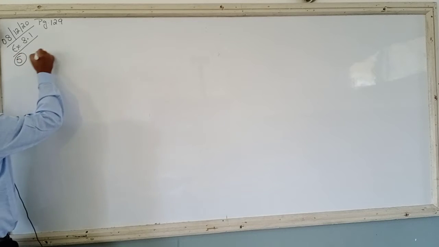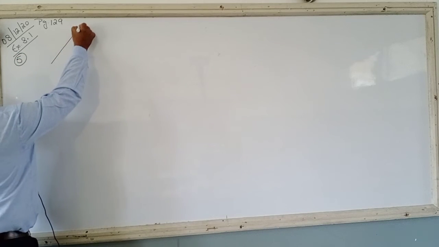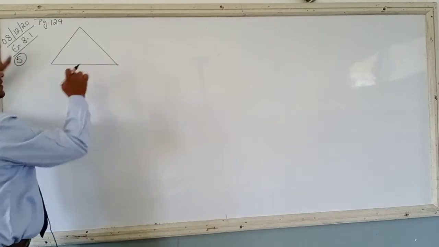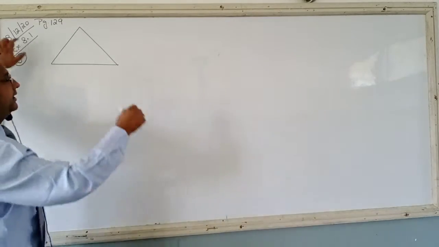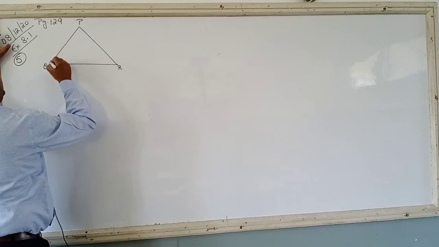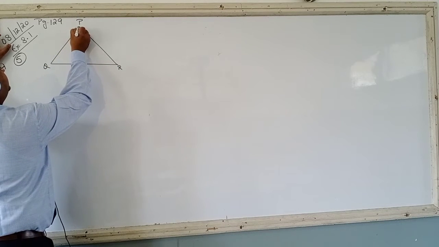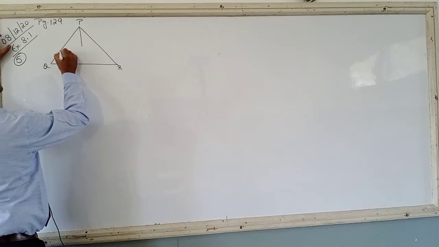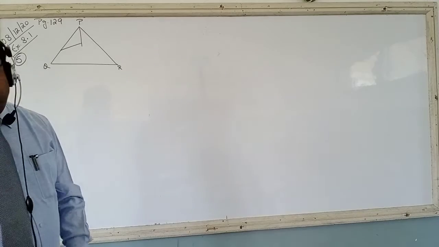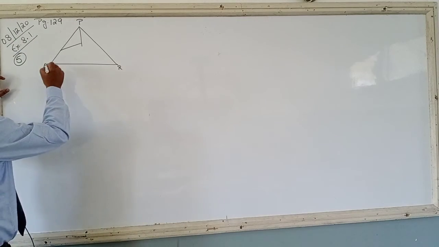Question number 5. This is the figure given to you. Triangle PQR, and this DE is parallel to QR.